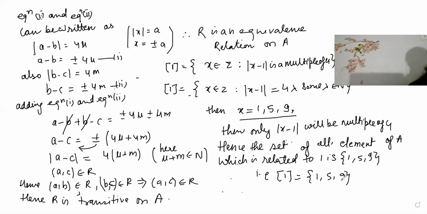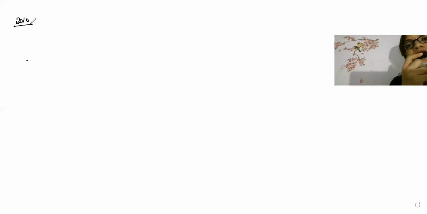Now, beta, the next question is very important for you. This question came in CBSE 2010. Whatever questions came in the board exam, today we are going to do all those important questions. We have a set of important questions left that we will finish. I hope the previous question you might have understood.